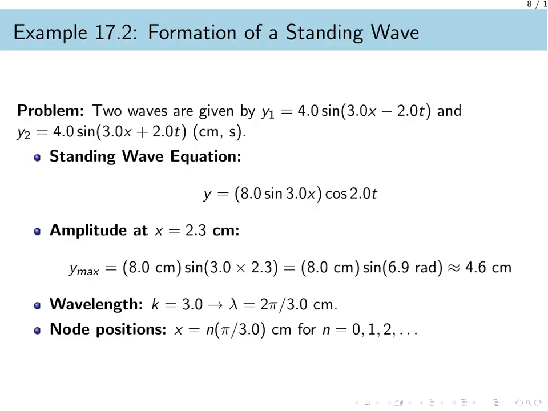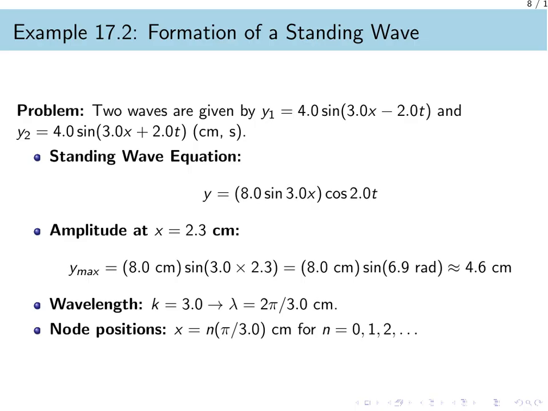Let us look at a practical example. Suppose we have two waves where y1 equals 4.0 times the sine of 3.0 x minus 2.0 t, and y2 equals 4.0 times the sine of 3.0 x plus 2.0 t. By combining them, the standing wave equation becomes y equals 8.0 times the sine of 3.0 x multiplied by the cosine of 2.0 t.